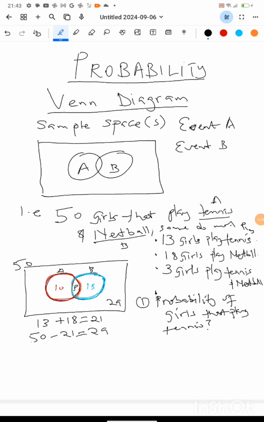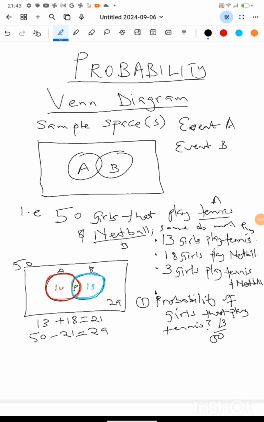We already said that the girls that play tennis is the red circle, and that should be 13 over 50. So that is your probability, because you have a total of 13 girls that play tennis.